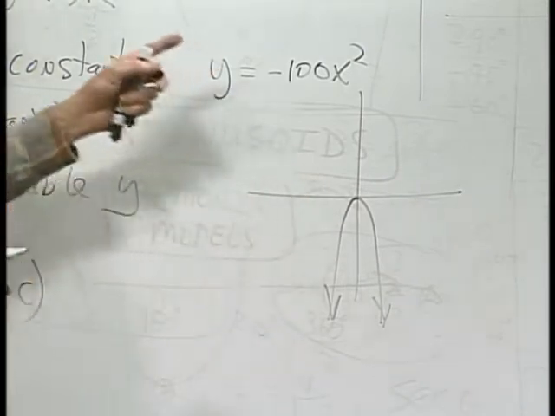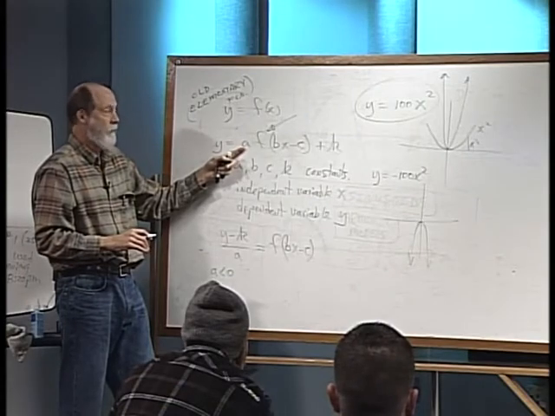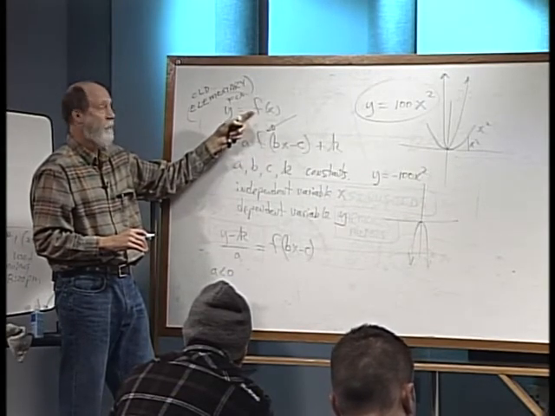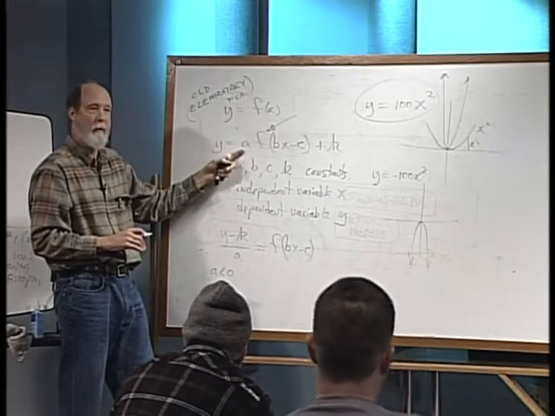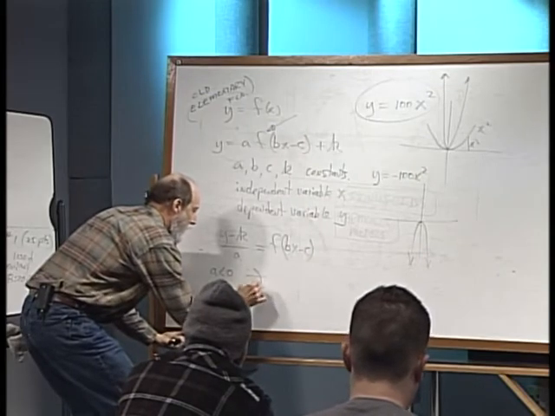Okay. We can do the same thing over here. If we put a negative in general on this, then that's going to turn whatever the fundamental function was upside down. So if A is less than 0, it's going to turn the graph upside down.